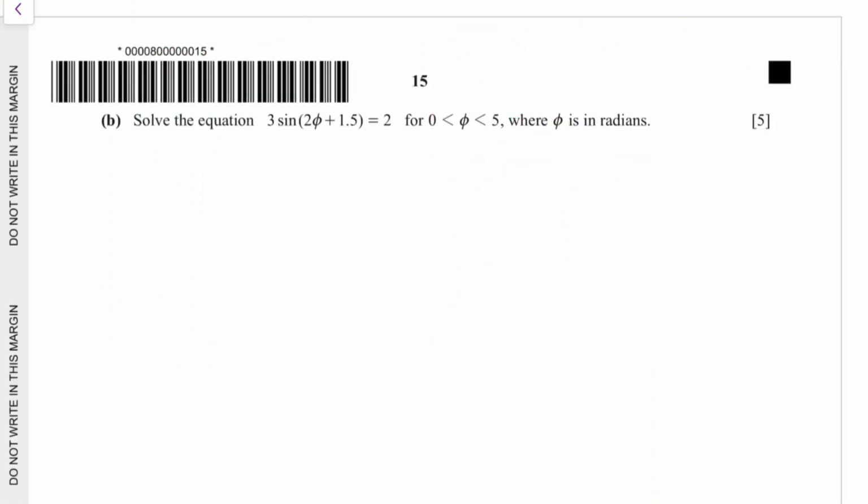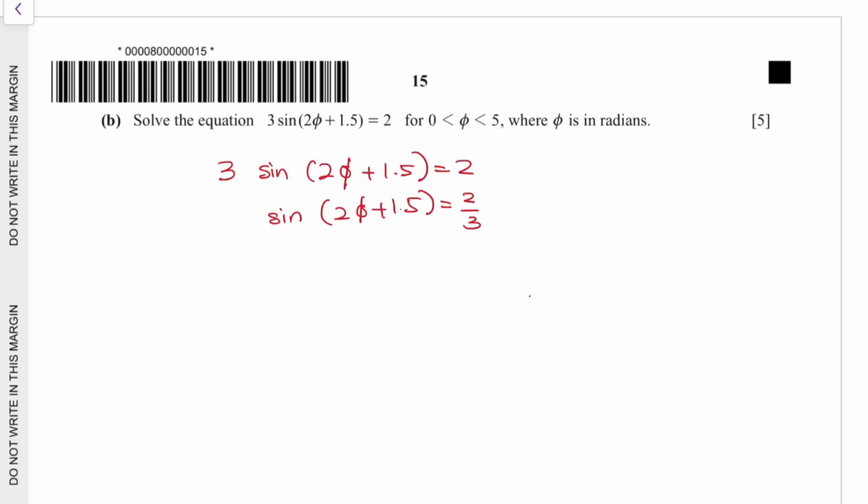Next question. Solve the equation 3 sine 2 phi plus 1.5 equals 2 for phi between 0 and 5, where phi is in radians. So you have here 3 sine 2 phi plus 1.5 is equal to 2. Therefore, sine of 2 phi plus 1.5 is equal to 2 over 3.